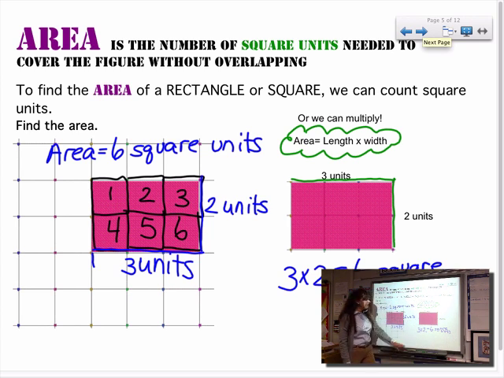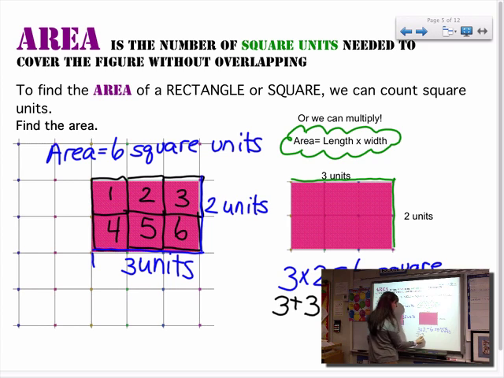But if I wasn't sure how to skip count 3 times 2, I remember that I can also represent this by a repeated addition sentence. 3 times 2 can be represented by the addition sentence 3 plus 3, because I have the number 3 two times, which also equals 6 square units.